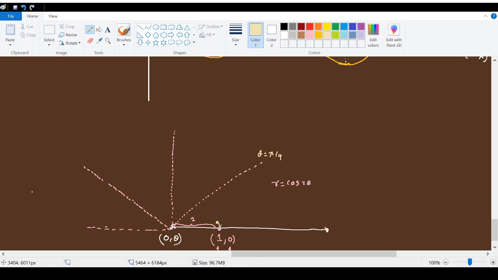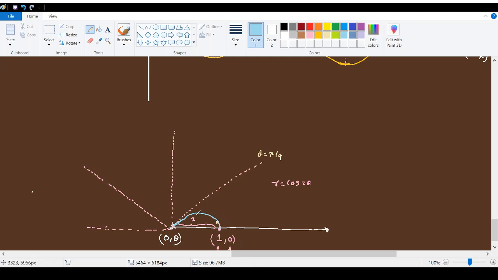The radius should decrease from 1 to 0. So starting from here, it should decrease the radius up to 0.